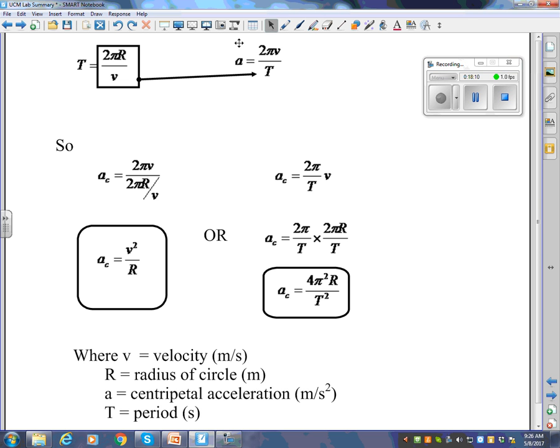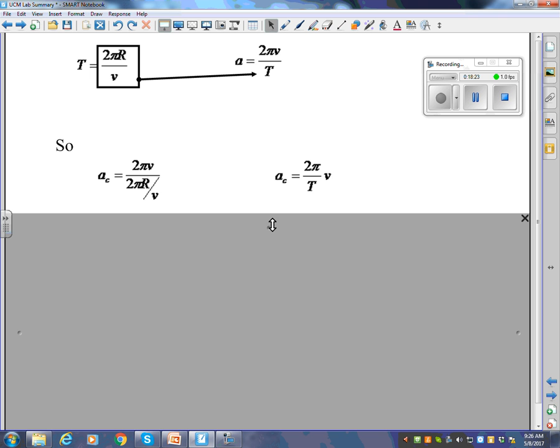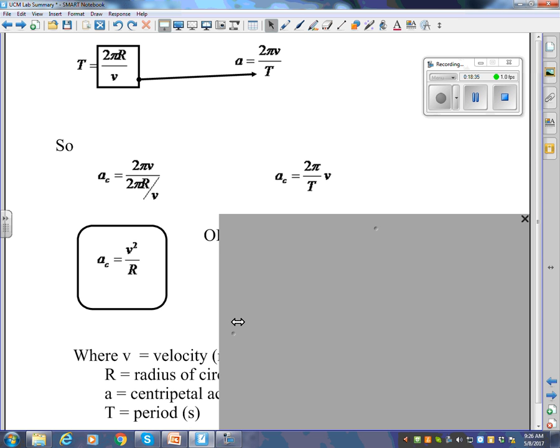Okay, so I've got this 2 pi R over V, and I'm going to plug it in there. That line there is just what I said I was going to do, right? Which gives us, let me just cover that up over there. Well, anyways, it's going to be 2 pi V all over 2 pi R over V. Don't worry about this stuff over here.